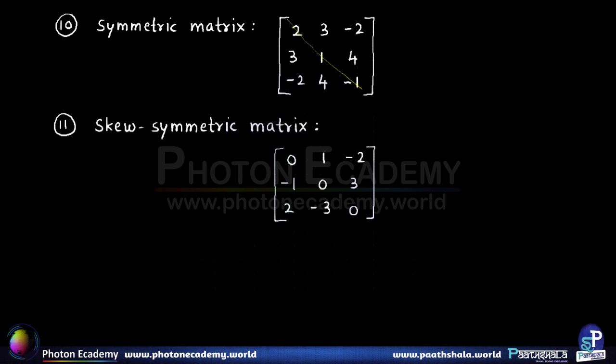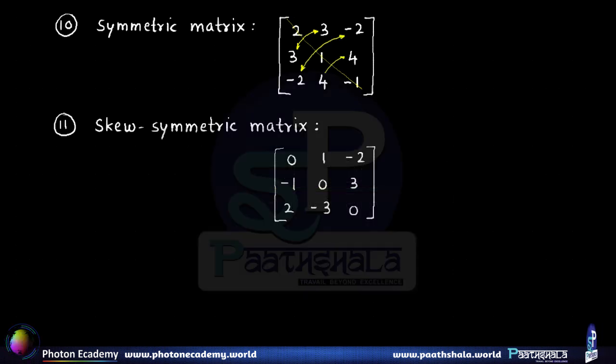If you think of the diagonal as a kind of mirror, and if we take the pair of corresponding elements, right, if the pair of those elements has the same elements, that is 3, 3, -2, -2 and 4, 4, then that matrix is called a symmetric matrix.